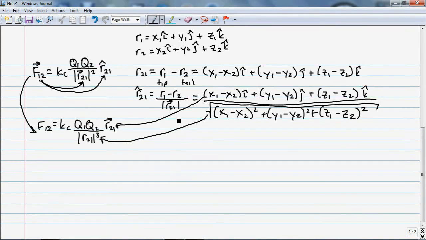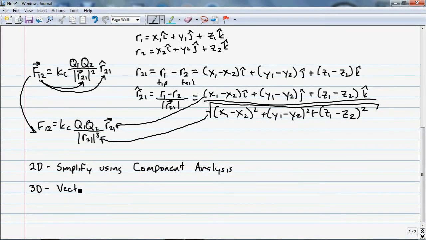Now there are 2 ways of doing problems. If we are in 2 dimensions, we can simplify using component analysis. But if we're in 3 dimensions, then we have to use vector analysis. You have no choice.